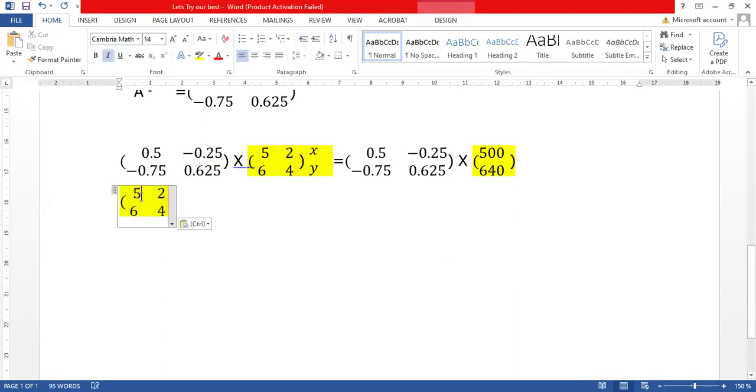This will be 0.5 times 5. What do you get? 2.5. Then add negative 0.25 times 6. What do you get? Negative 1.5.